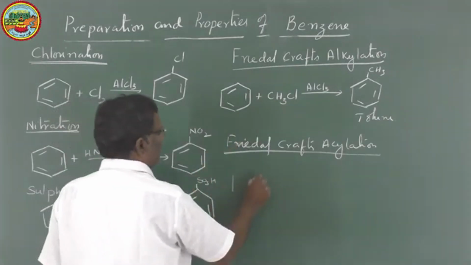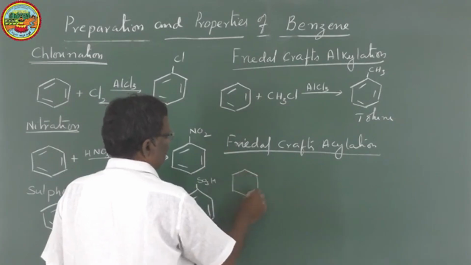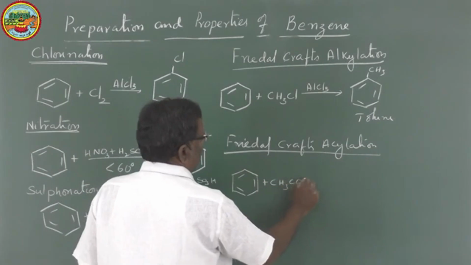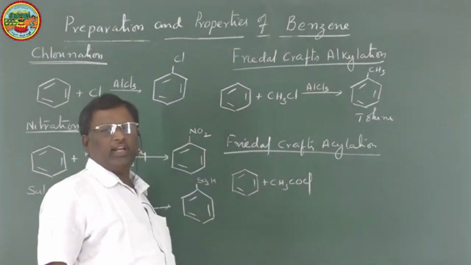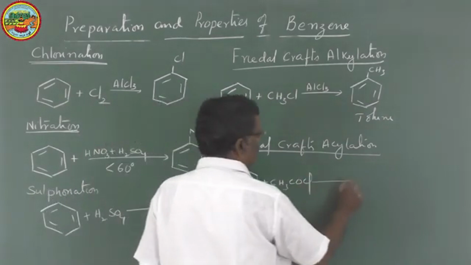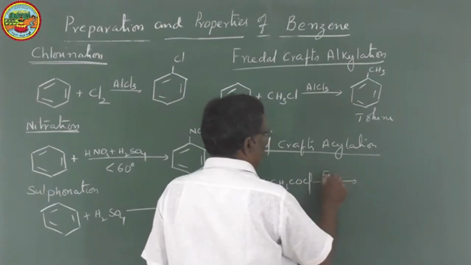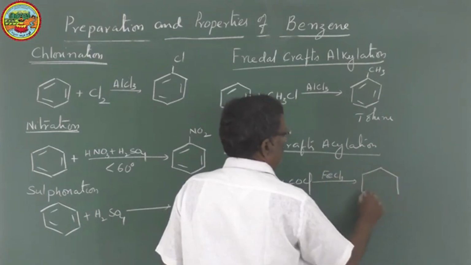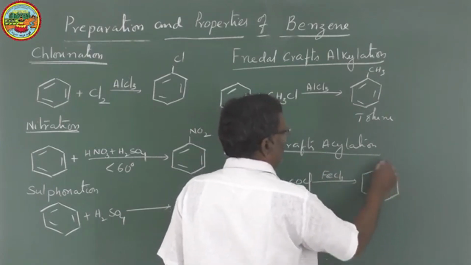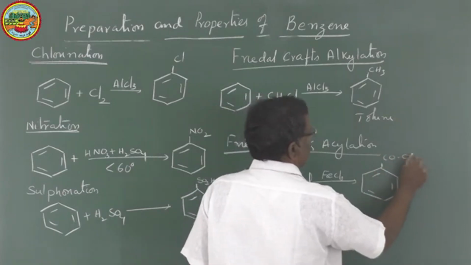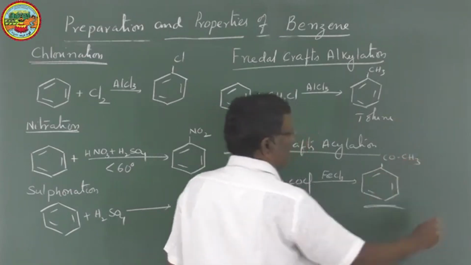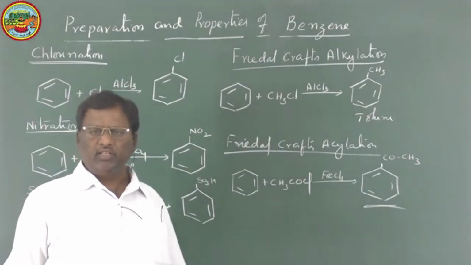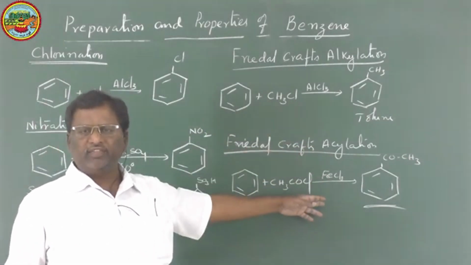For example, benzene, when treated with CH3COCl, acetyl chloride, in the presence of FeCl3 or AlCl3, gets an acetyl group substituted here, COCH3. This is known as Friedel-Crafts acetylation.